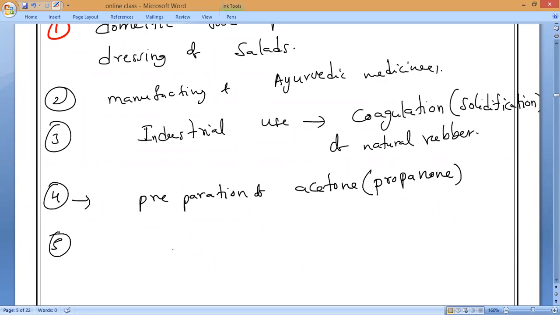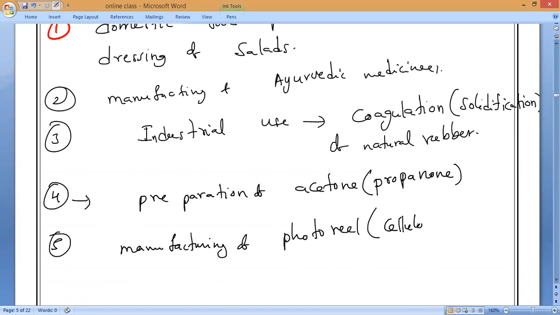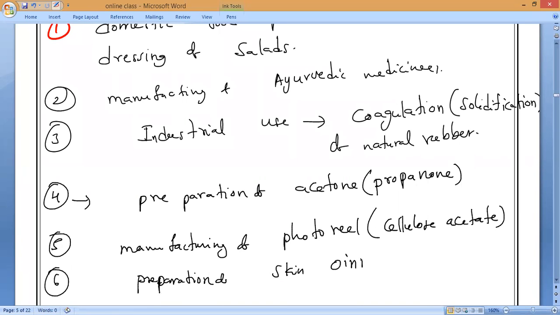Next, manufacturing of photo reel, that is cellulose acetate. Okay. Next, preparation of skin ointment.